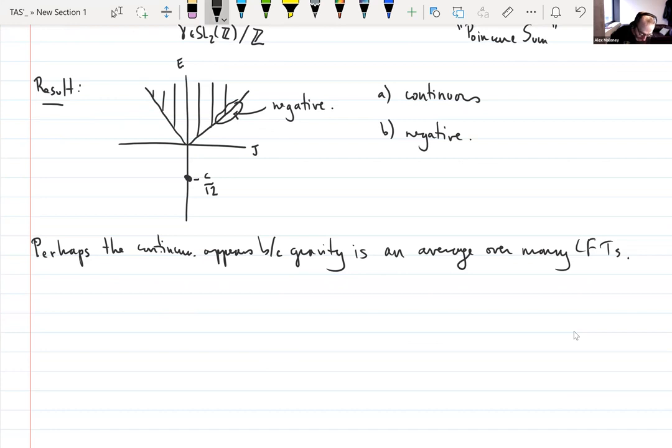So what about the negativity? In order to cure this negativity, we must include something else in the path integral.